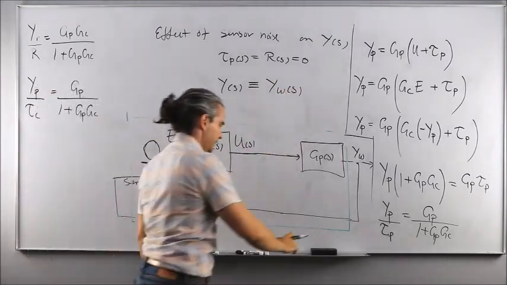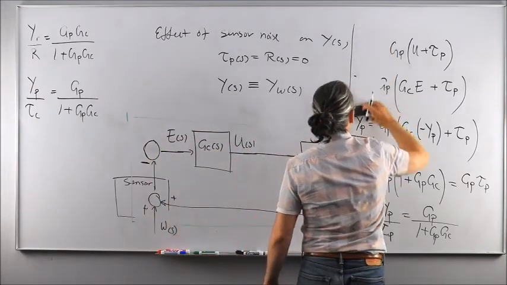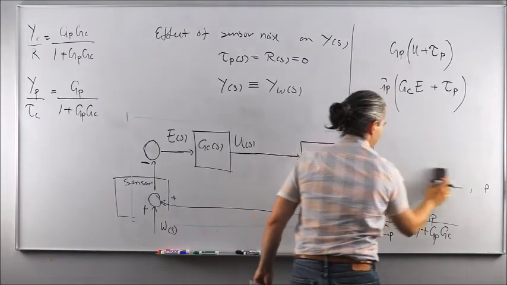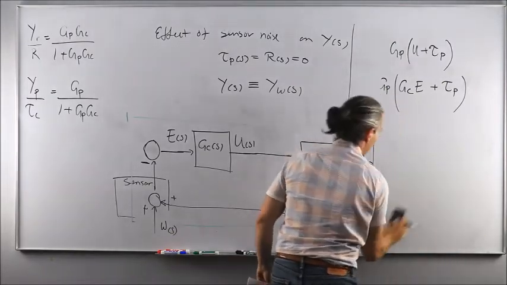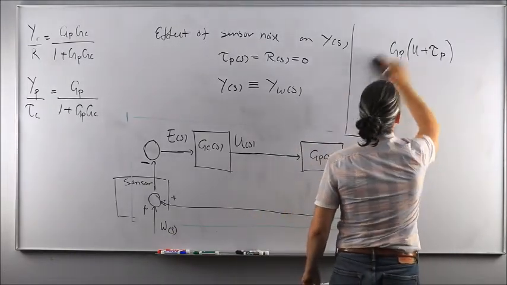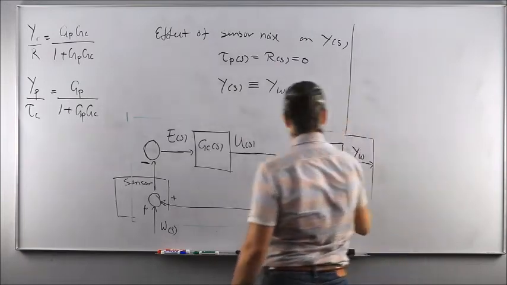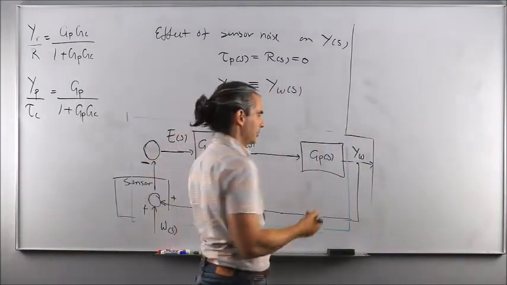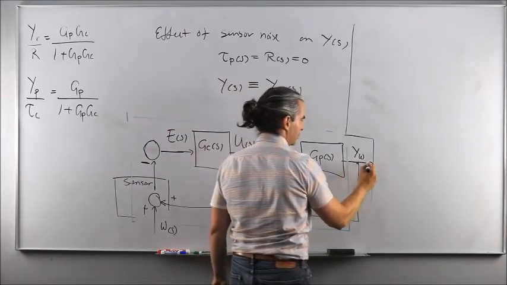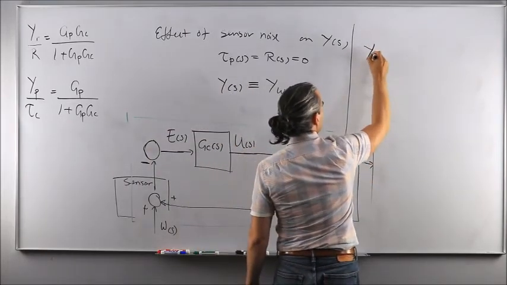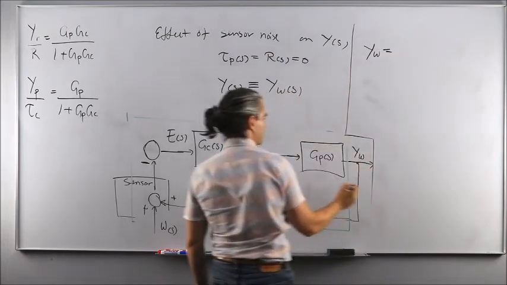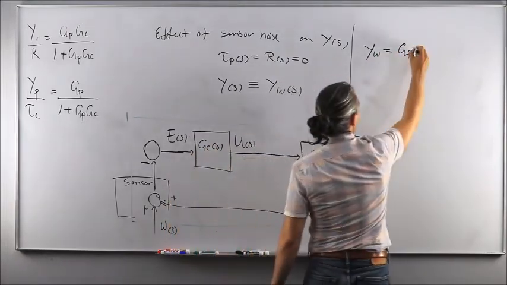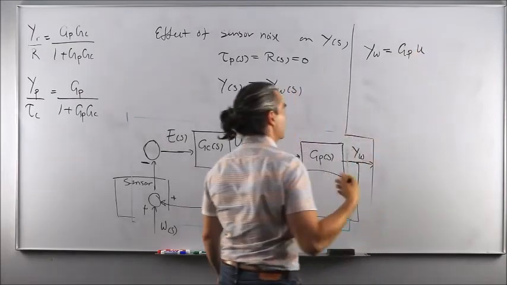Okay, so same procedure as before. I personally like to start at the output of the global system, but you could start anywhere in the flow of the signals and you would end up with the same answer, okay? But to me, this is more intuitive to always start with the output here. So YW is equal to GP times U. Going a bit faster because I assume that you've got a hang of it by now.